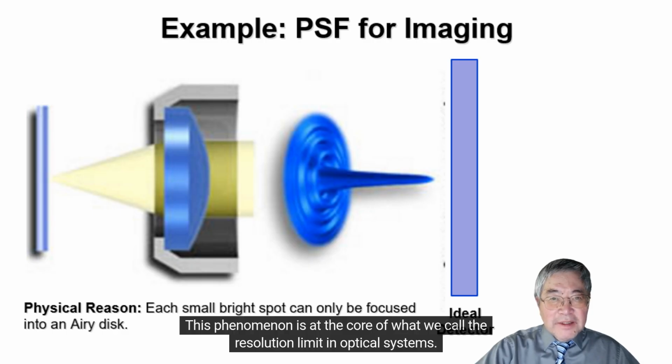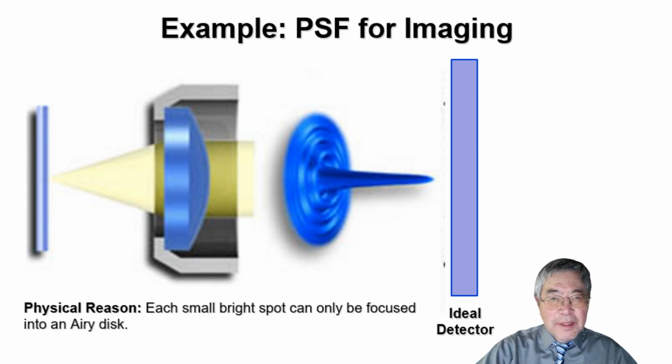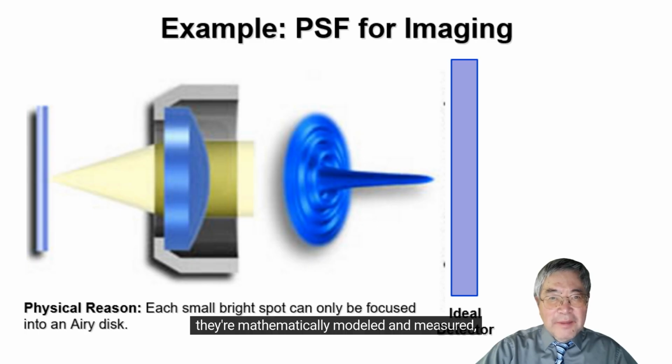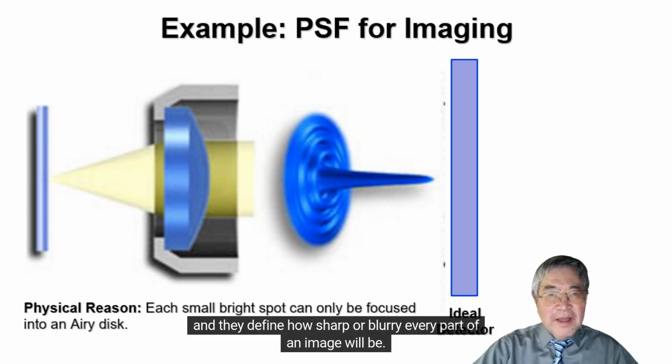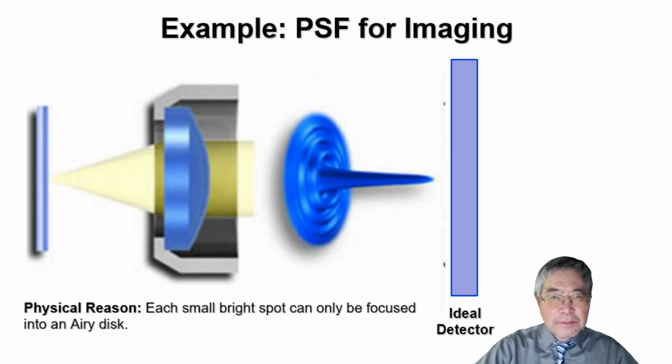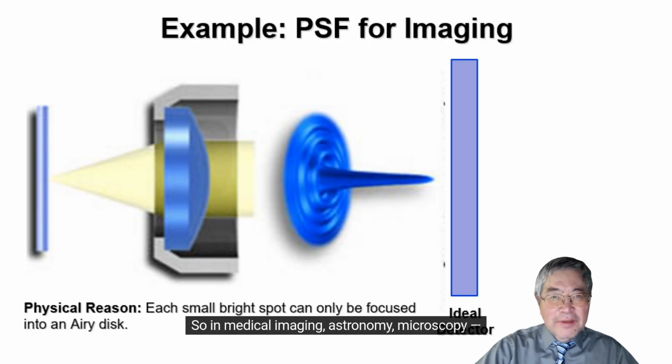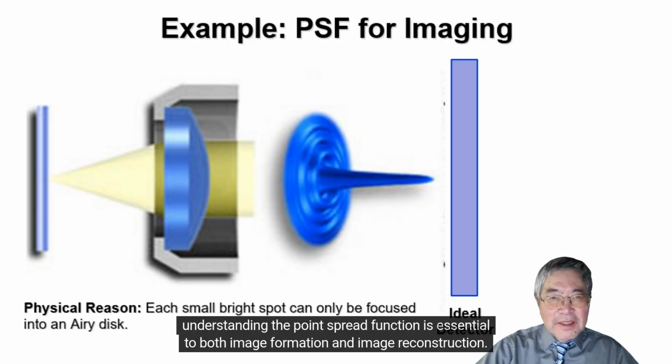This phenomenon is at the core of what we call the resolution limit in optical systems. In fact, PSFs are not just a curiosity. They're mathematically modeled and measured, and they define how sharp or blurry every part of an image will be. So in medical imaging, astronomy, and microscopy, understanding the point spread function is essential to both image formation and image reconstruction.